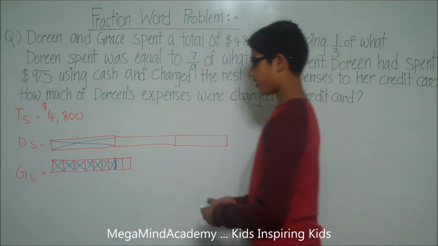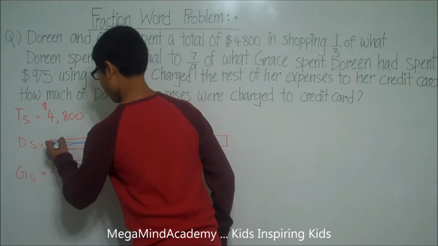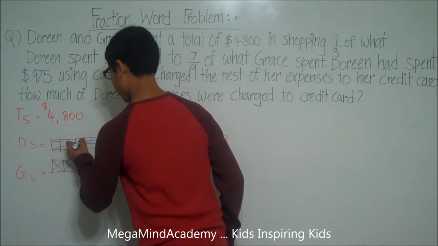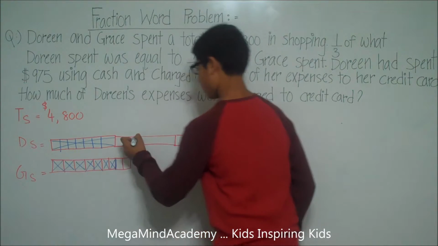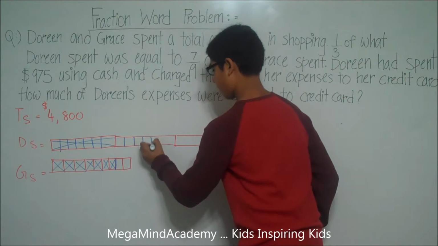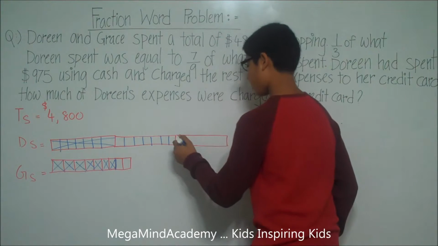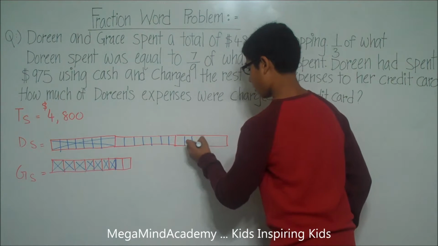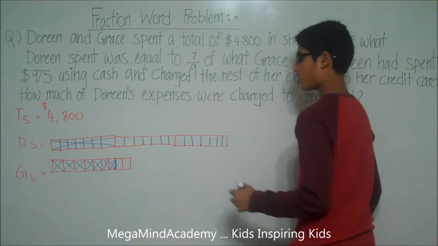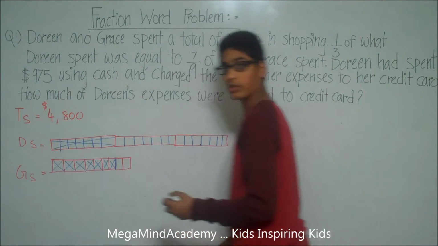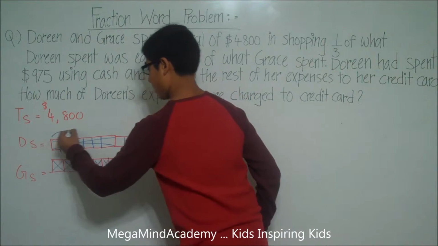So let's draw that. 1, 2, 3, 4, 5, 6, and 7, three times. So we can see that we just drew 21 blocks.